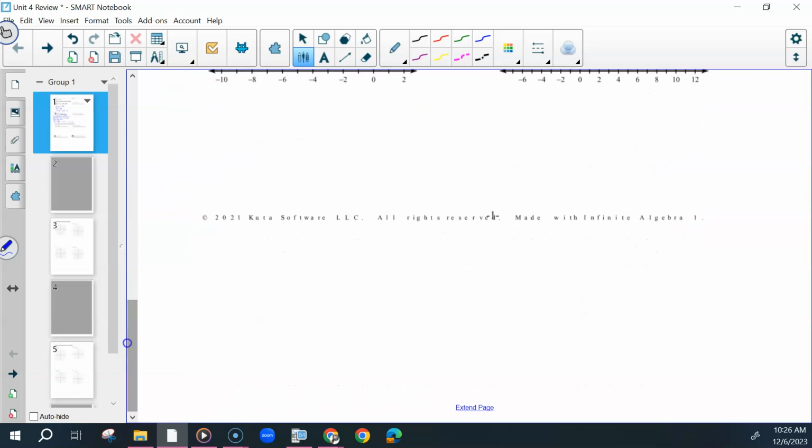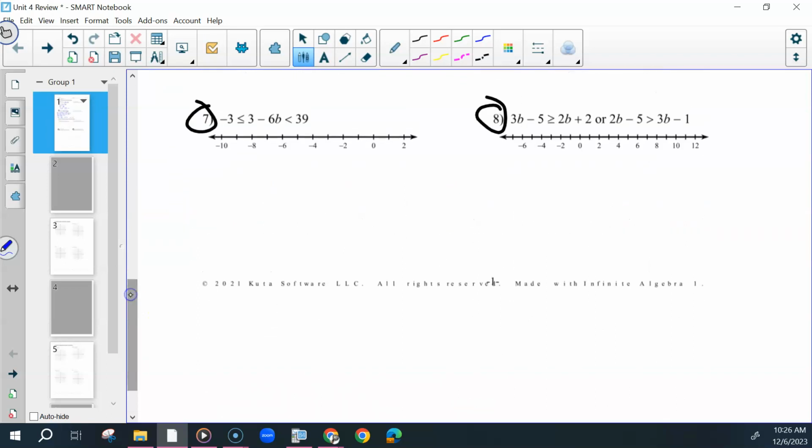Alright, for 7, this is your compound inequalities. If it's condensed like this, it is your and, where we solve everything together. Trying to get b by itself in the middle, so get rid of this 3 by subtracting it from everything.